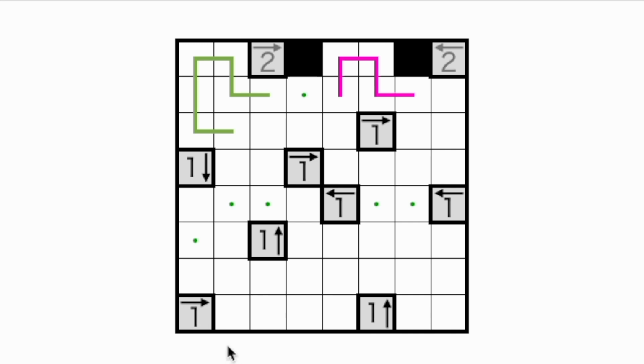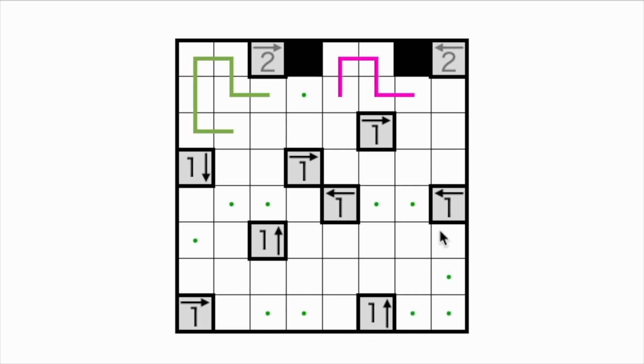Okay, we haven't eliminated anything completely yet, but we can actually just shorthand this a bit. Anytime we would leave a one-cell dead end, we can't shade that cell. So that's going to be that one from this side, this one from this side. Both of these would cause dead ends.